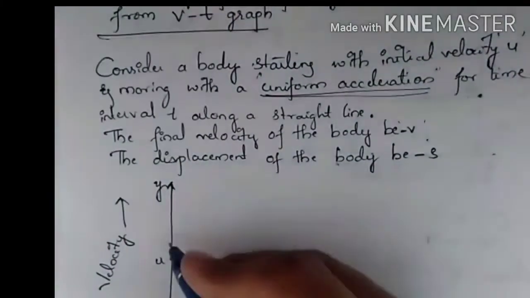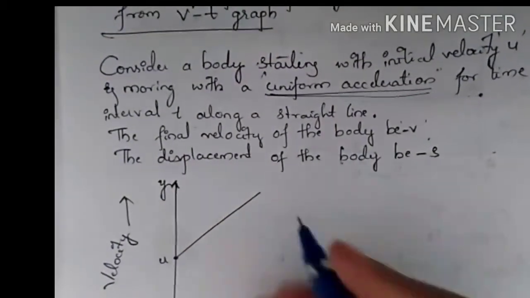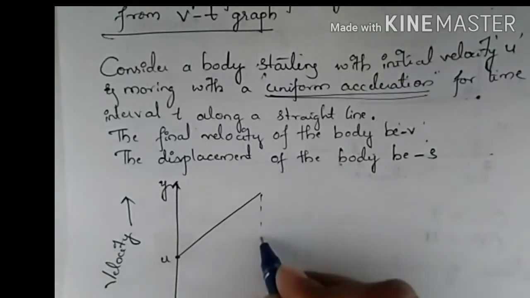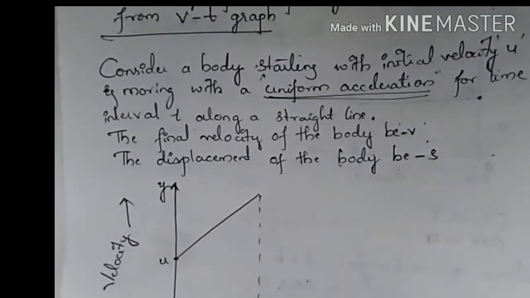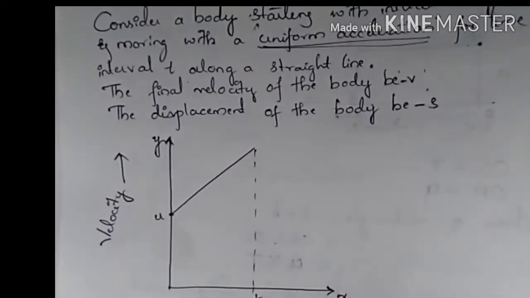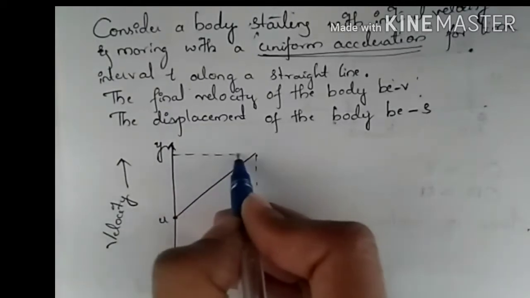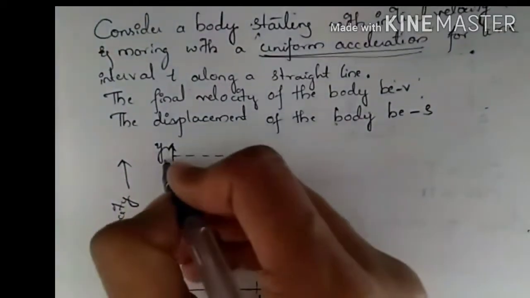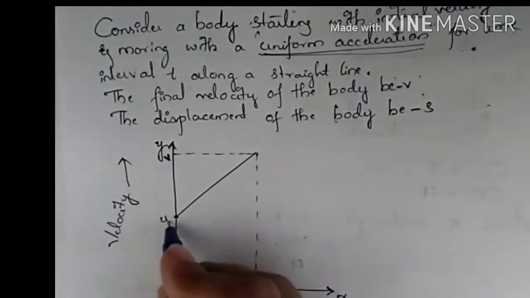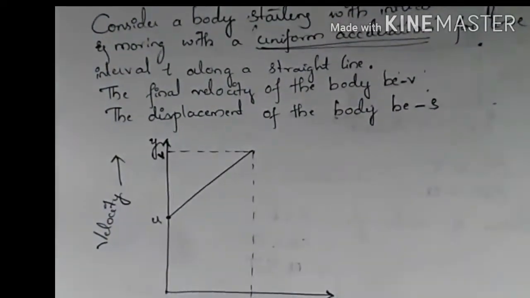So this body will move in a uniform acceleration till where? Till the time reaches t. So this is t. Now the velocity after u, or the final velocity, is what? It is v. So u here denotes the initial velocity, v here denotes the final velocity.